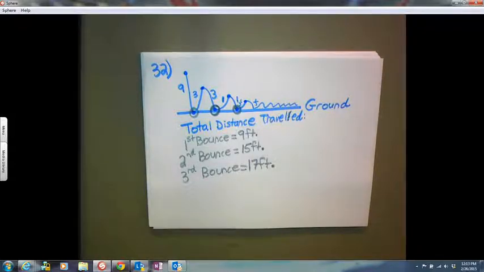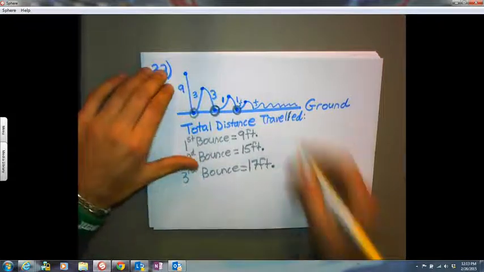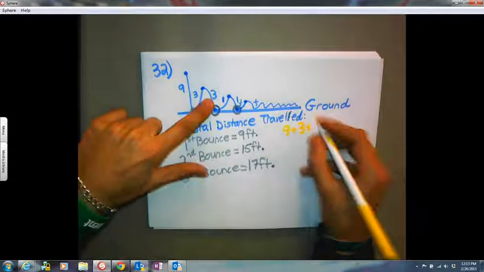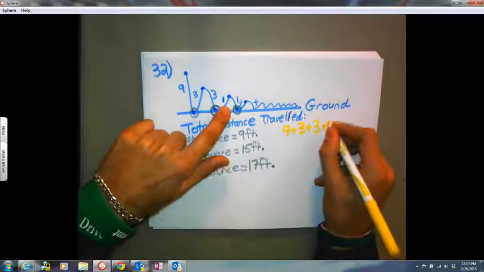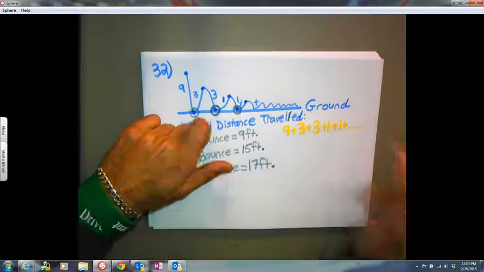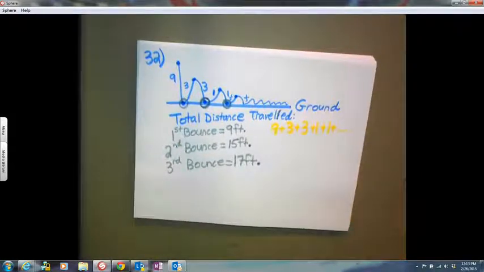So if you notice these distances right here, we have 9 plus 3 plus 3 plus 1 plus 1 plus dot dot dot. This is kind of geometric, kind of close to geometric. Not exactly, but close.